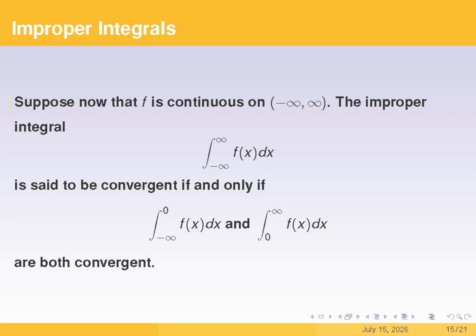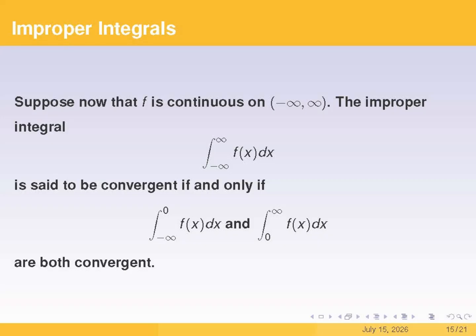Next, let's assume the function f is continuous on the entire real line. The improper integral we want to look at now is shown in the second line on the screen. What we have to do here is split this integral into two parts, one integrating from -infinity to 0, and the other from 0 to +infinity.